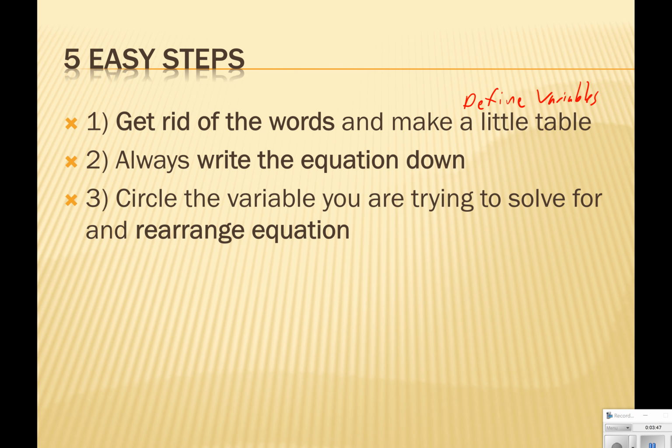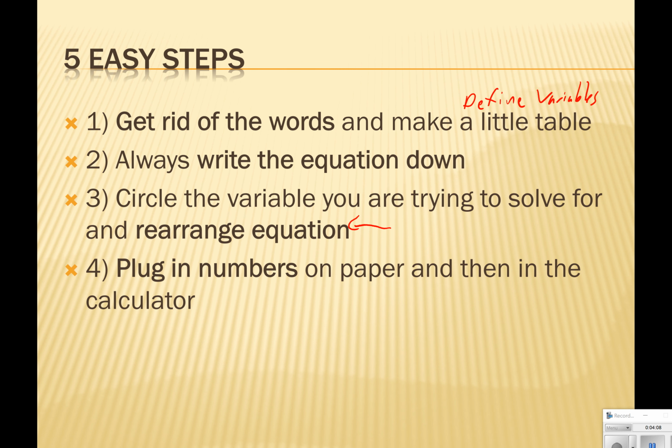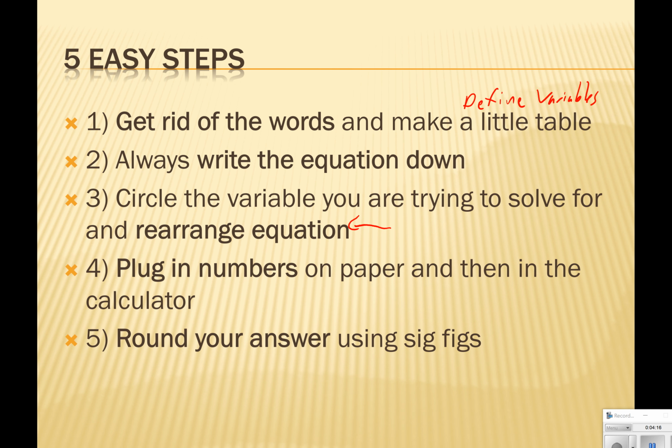In that equation, circle the variable that we're trying to solve for based off of information given in the question. The second part here, rearranging the equation, I'll leave this up to you if this is a step that you like to do. I tend to not rearrange the equation, but it can be easier if you do it before you start plugging in numbers. So then we'll plug in our numbers on paper and then into the calculator, making sure that we're using the right operation. And we'll round our answer using sig figs.